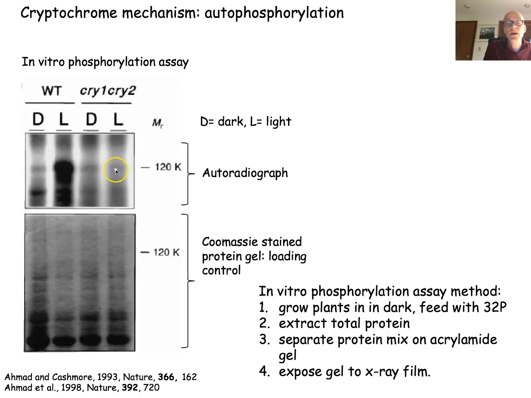You do not see the blob here. So this suggests that the cryptochrome gene works by autophosphorylation with respect to light, and then, as a phosphorylating cascade, it phosphorylates the next signal transduction member downstream. But that's not part of the discussion right here.